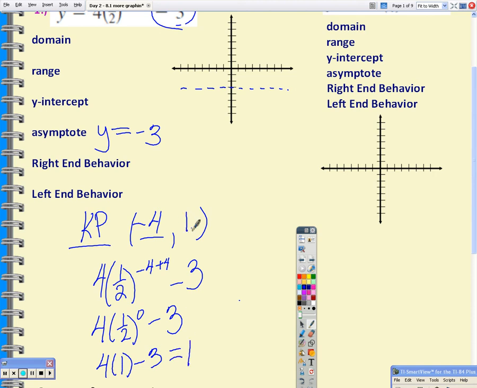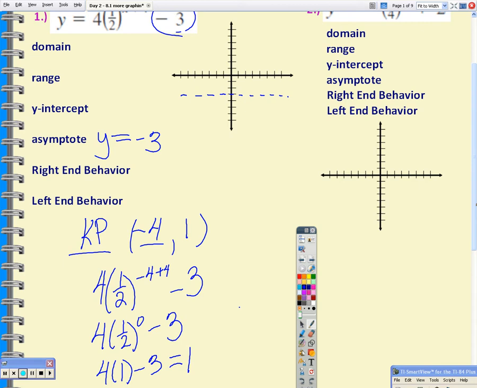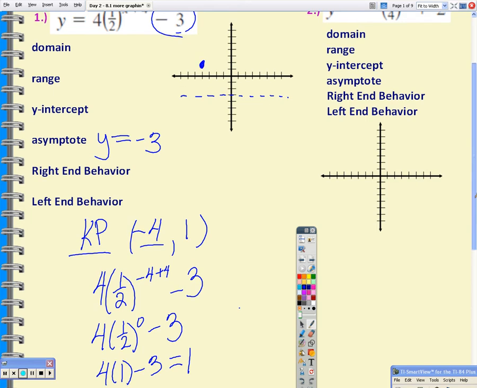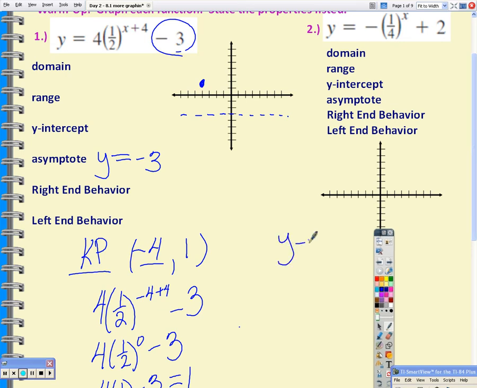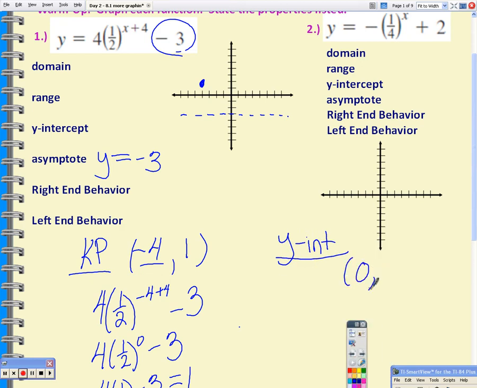So my key point is at -4, 1. Then I'm going to find my y-intercept. That's going to help me figure out which way or how steep my curve is going to be. To find the y-intercept, you always make the x value 0.